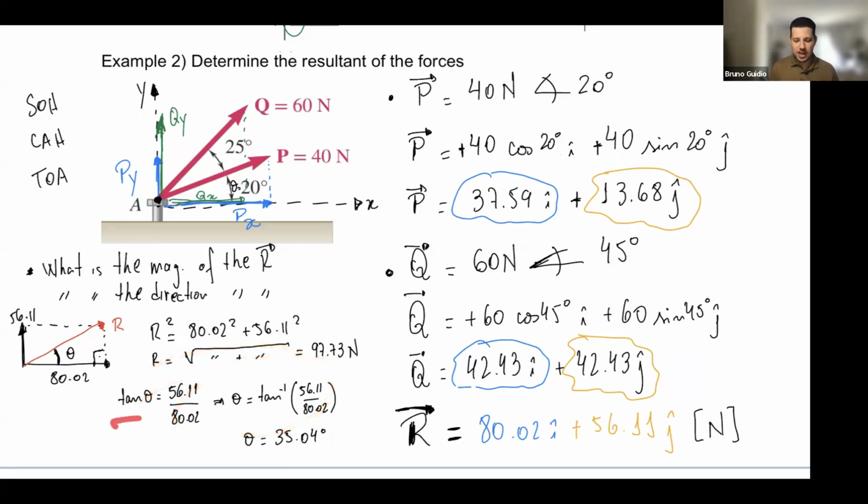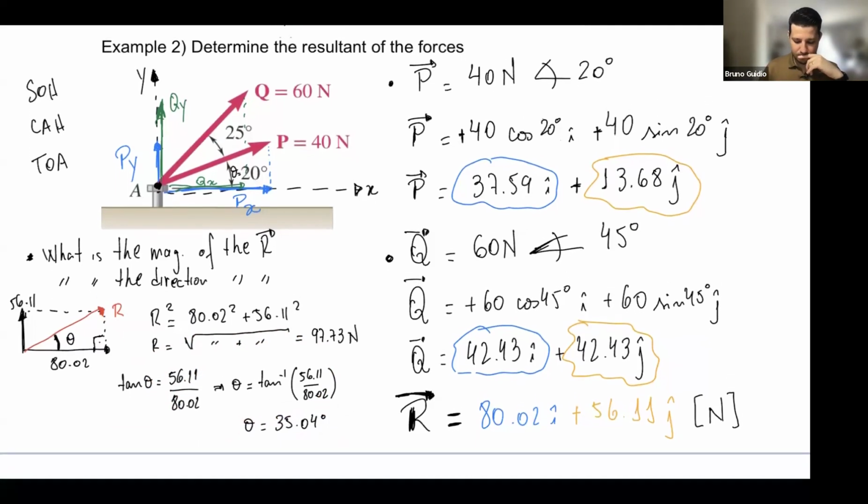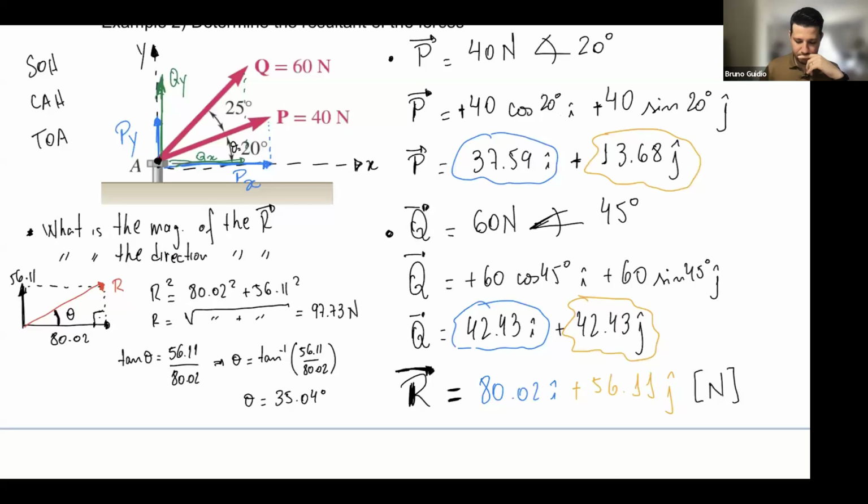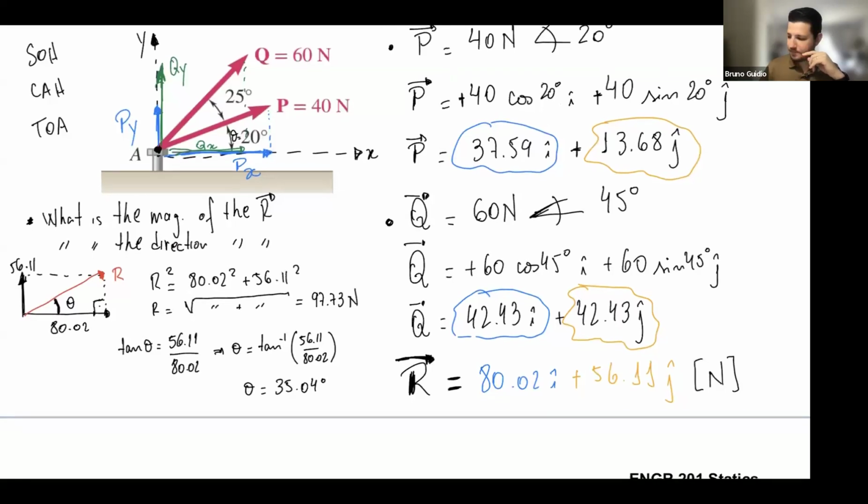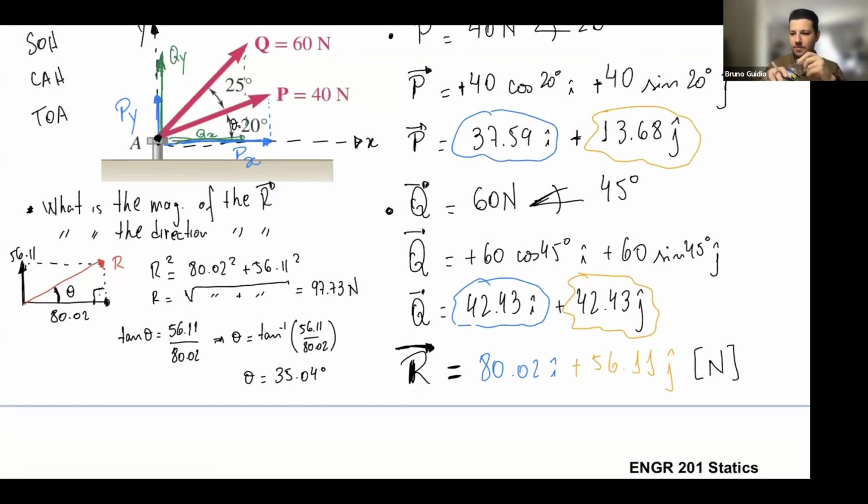Okay, sine, cosine, tangent. Okay, how to type it. Many mistakes come from typing the calculator. Okay, any question? All good?